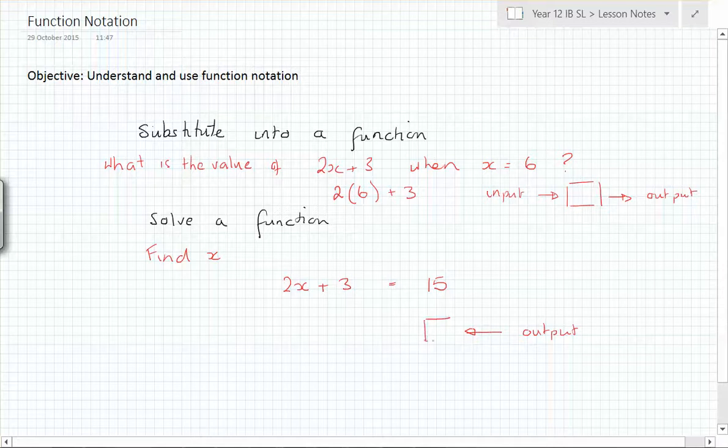We think about the function, and we are trying to find the input. That's what solving is. So basically there are only those two things that we have to do. We either substitute in to find a value, or we have to solve, find x. I could say find x by solving and so on. Alright?